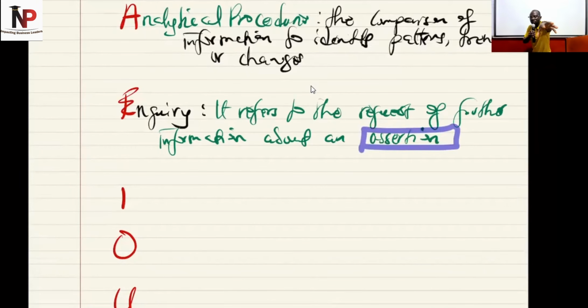So the sales figure in the P&L account is an assertion. The operating expenses is an assertion. Trade receivable figure is an assertion. Trade payable is an assertion. So when we say assertion here, we simply mean, in a simple language, a figure in the financial statements or a statement made by management in the notes to the financial statement. We are seeking further information.